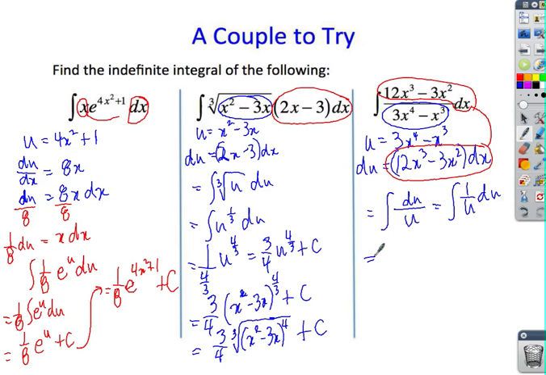So the integral of 1 over u should be very simple. It's ln u. Don't forget plus c. And now we should, again, substitute back our expression that we let u equal from the beginning. And that will make this ln of 3x to the 4 minus x cubed plus c.